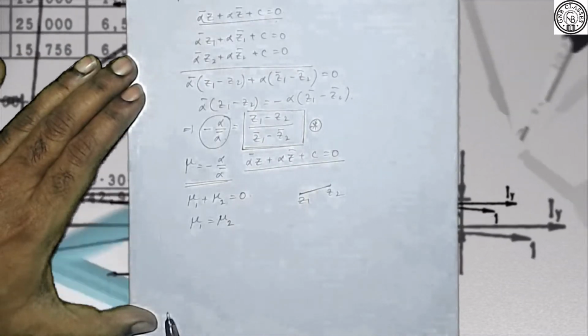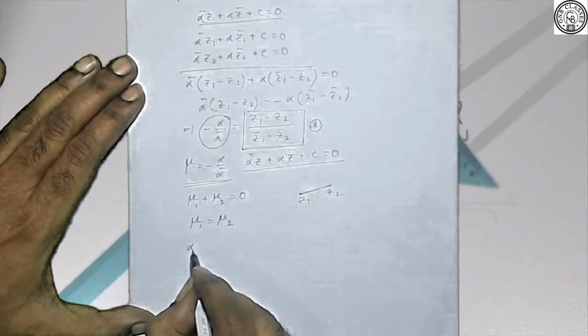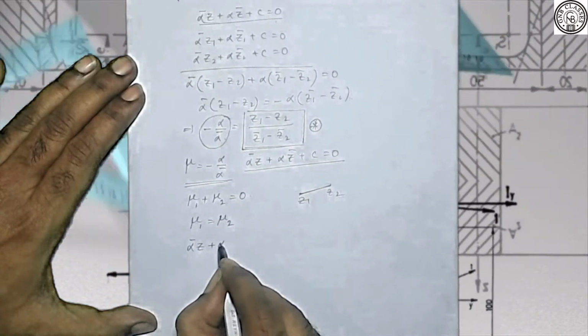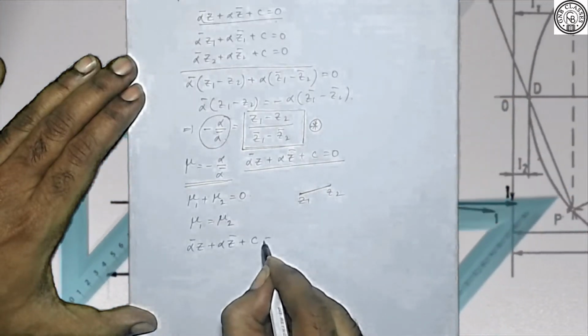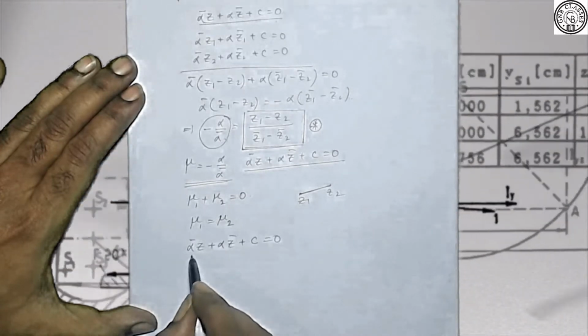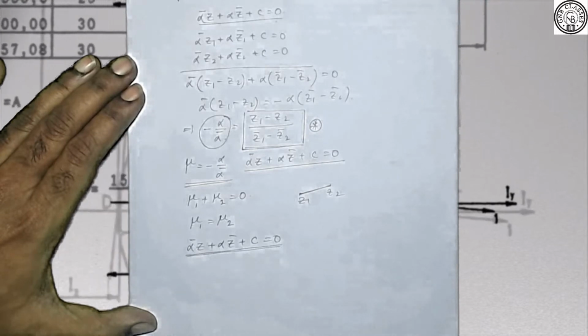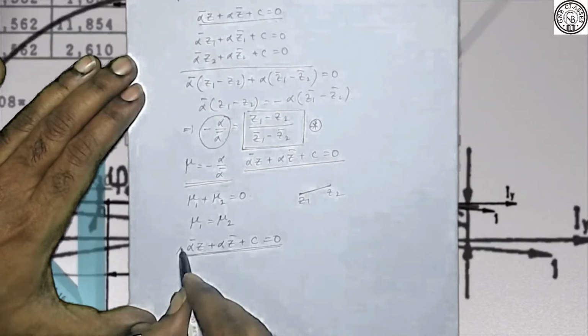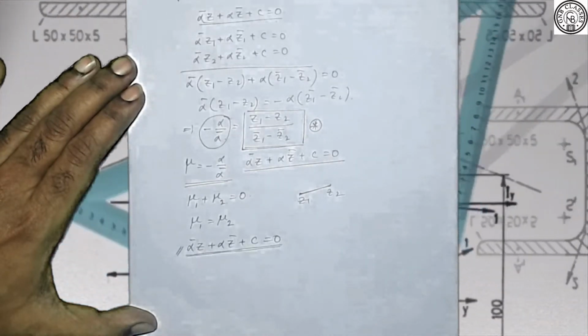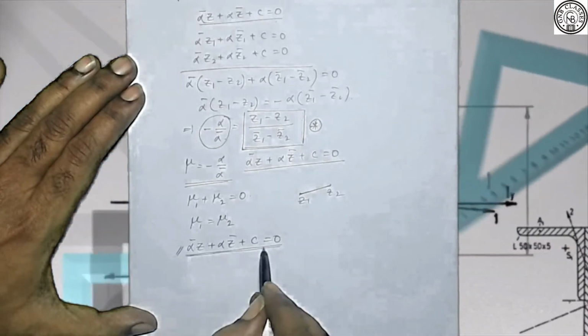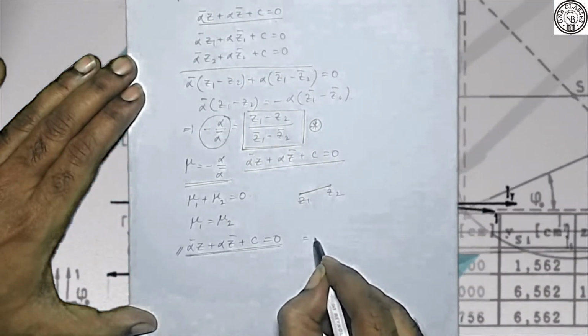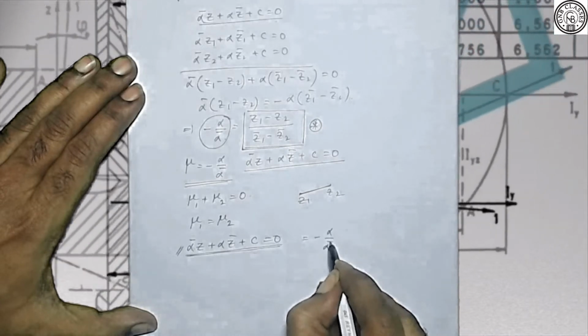Is it okay? Now suppose we have been given alpha bar z plus alpha z bar plus c equals 0. Now if I ask you, what is the line on the complex plane which will be parallel to this line? We know the complex slope of this line is minus alpha by alpha bar.